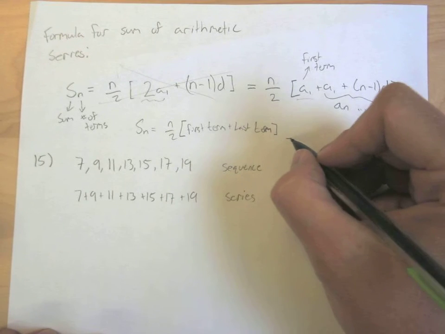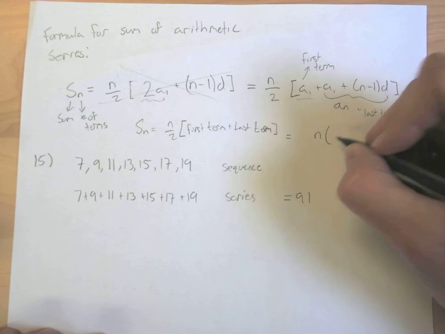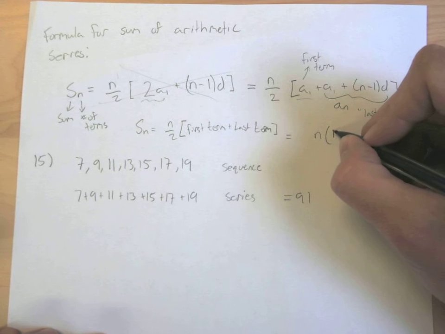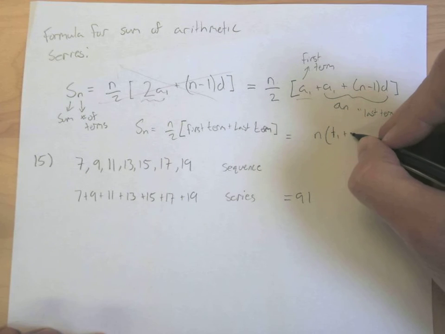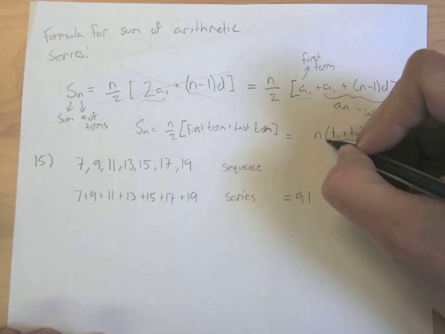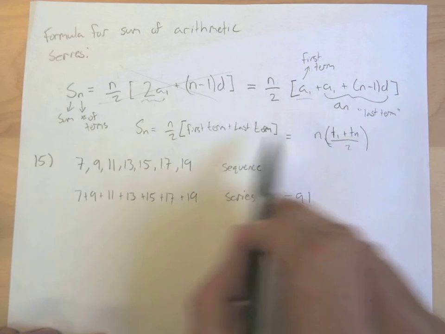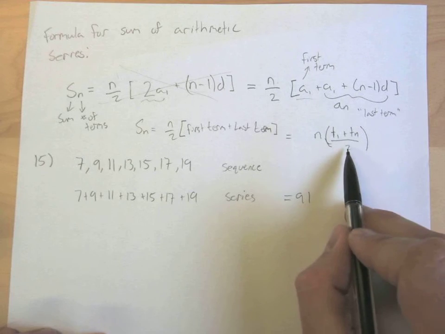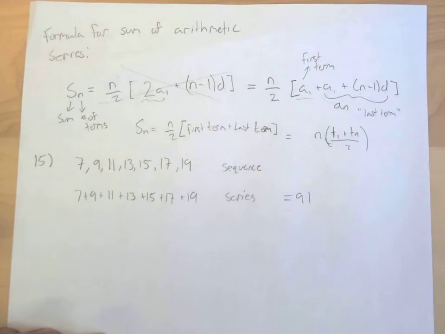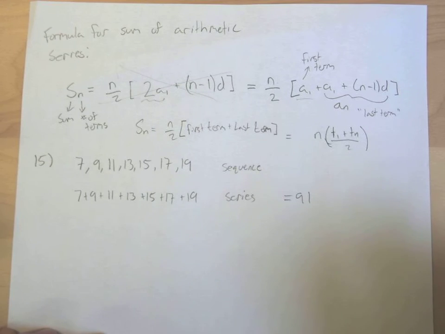Now in your book, they write it something like this: n times, they say T1 plus Tn, over 2. Okay, same formula, right? N divided by 2, they put it on the inside. It's just a distribution idea, no worries there, it's the same thing. And then T1 stands for the first term and Tn stands for the last term.